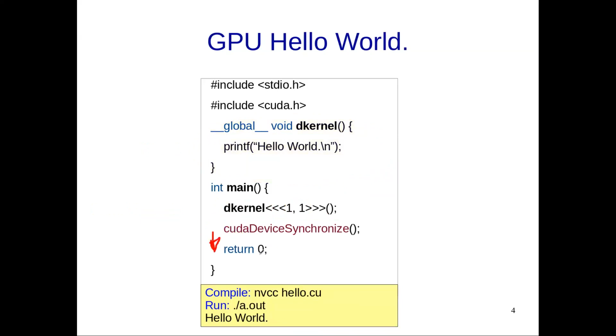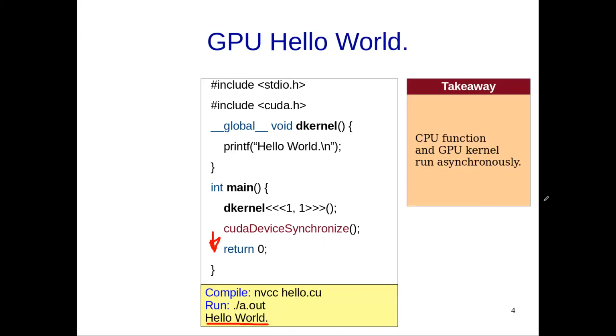It makes sure that the buffer which contains this hello world gets printed to the CPU's output buffer, and therefore we see the output hello world when we insert cudaDeviceSynchronize. Okay? The takeaway from this is that the CPU processing from main and the GPU kernel run asynchronously. That is one takeaway for us.